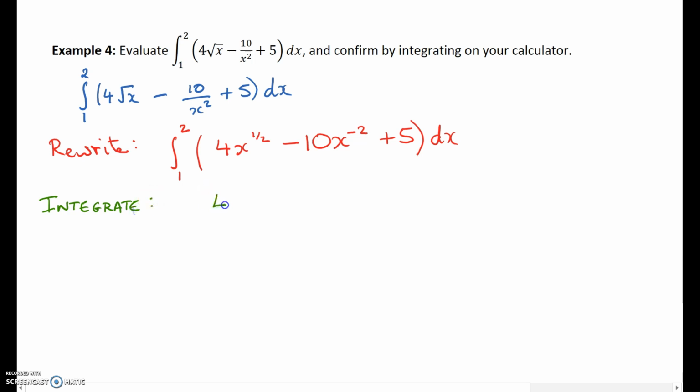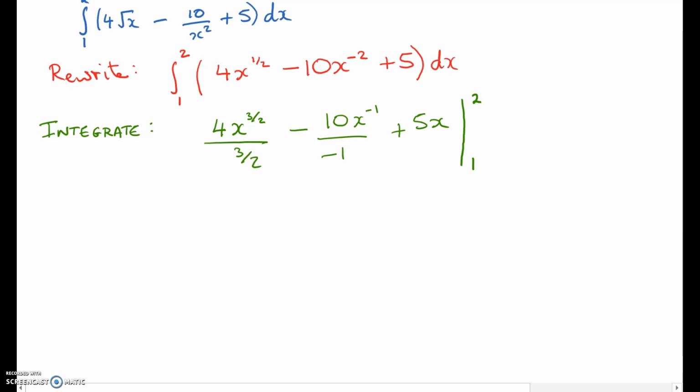And it's going to be 4, increase the power on the x, so it becomes 3 over 2 divided by 3 over 2, minus 10x to the power of minus 1 divided by minus 1, plus 5x. Now, we have limits this time, so we're not talking about the plus c. Instead, we're going to need the 2 and the 1 here.